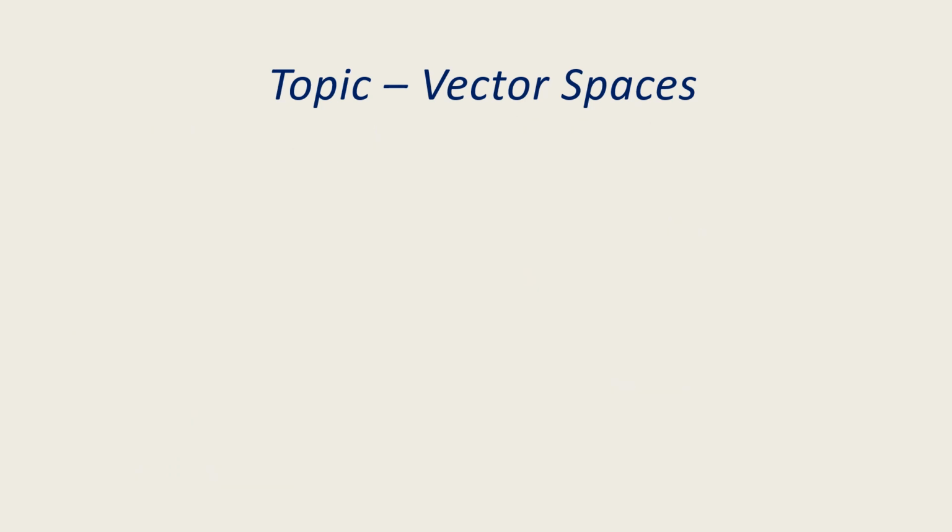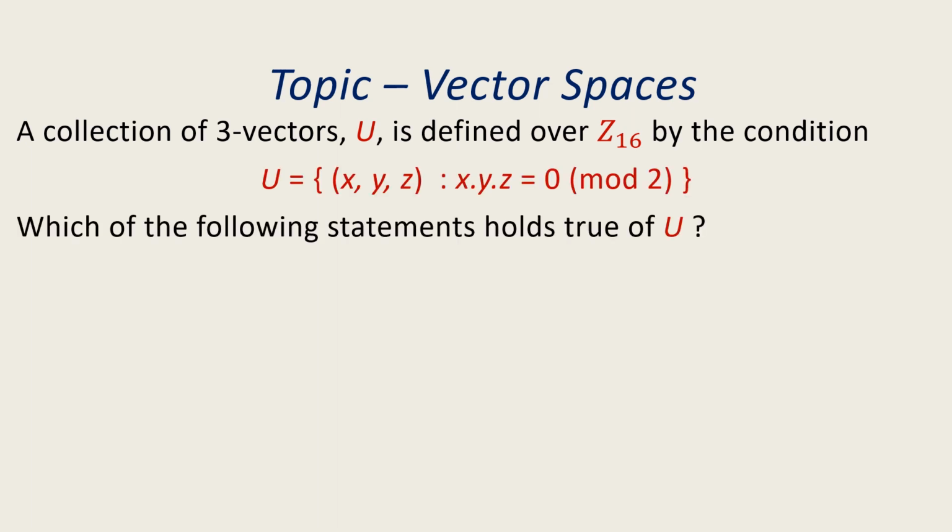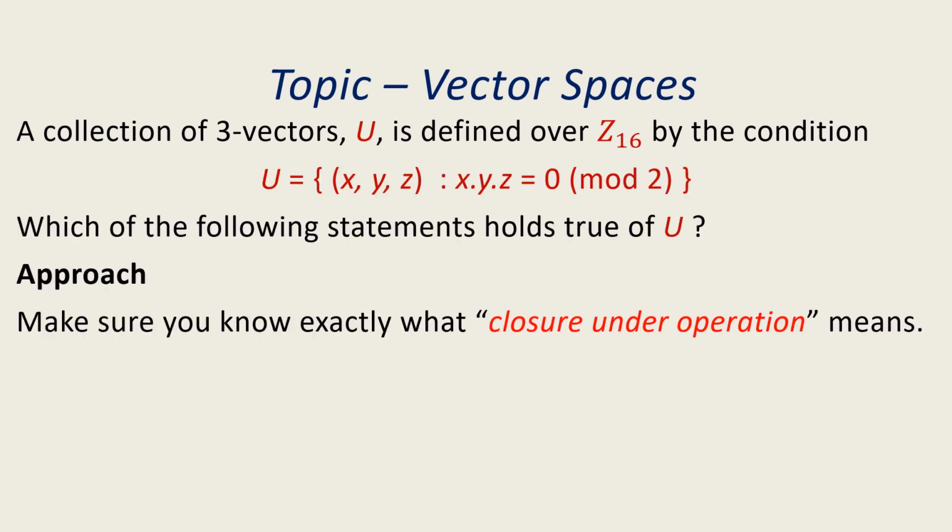If we're tackling a question like that, important thing to be sure of is that you know exactly what a set being closed under some operation means. What it means if we take an operation, say like addition, we take any two vectors in the set, we add them, and we get as a result a vector in the set.